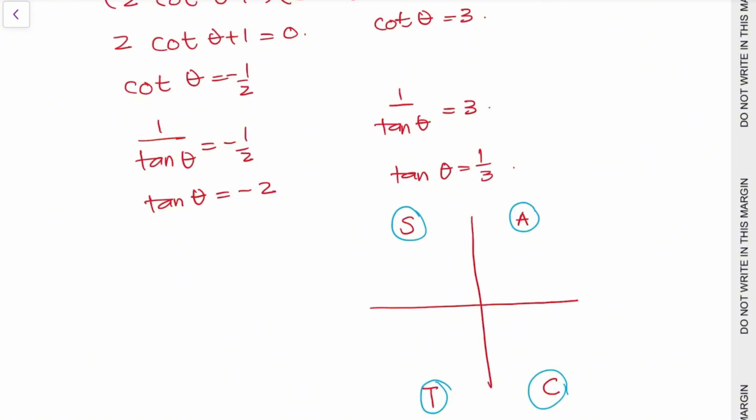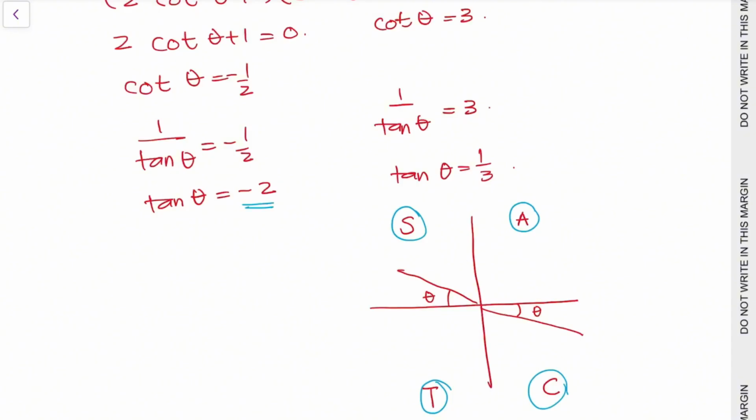It's fine. Now, looking at this, my first tangent theta is negative 2. Then I should expect that my theta is located in the second quadrant or in the fourth quadrant, because in that position my tangent theta is negative, right? Which my theta is located here and here.